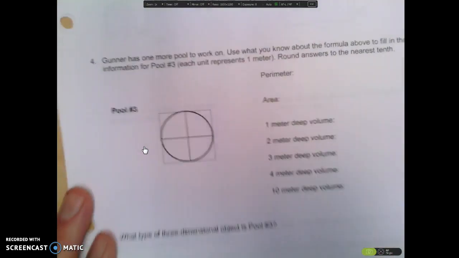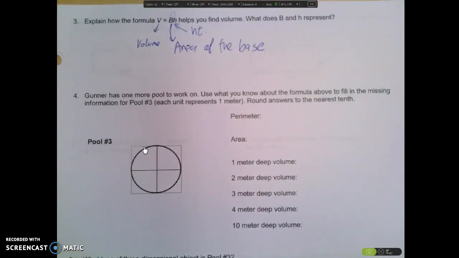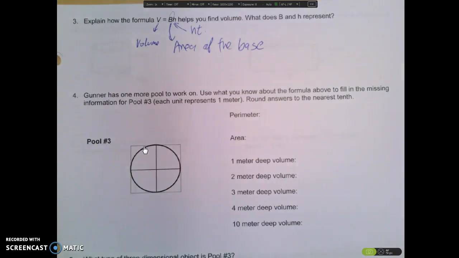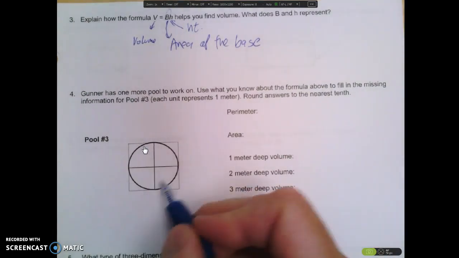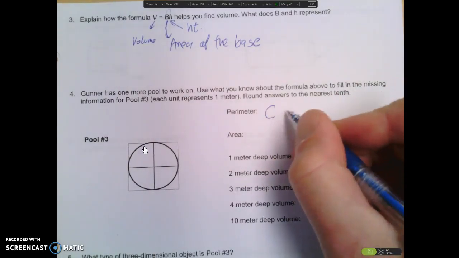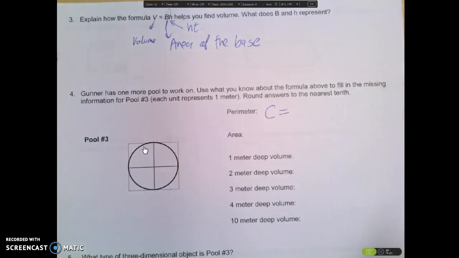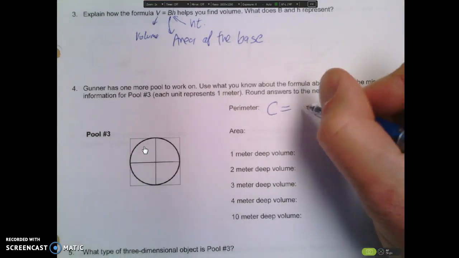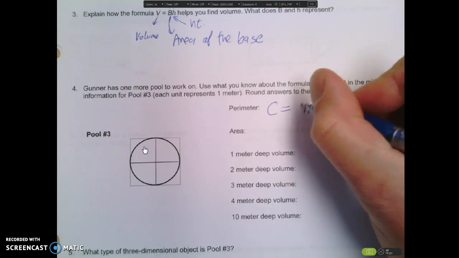Okay, well now we have a new pool. Suddenly, think of it as a jacuzzi, which is a round 2-dimensional figure here. The perimeter of a circle is not called the perimeter. It's actually called the circumference. And the circumference formula, if anybody remembers, is going to involve our special symbol, of course, pi somehow.